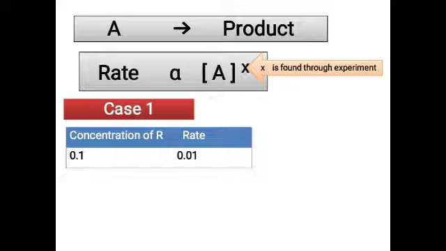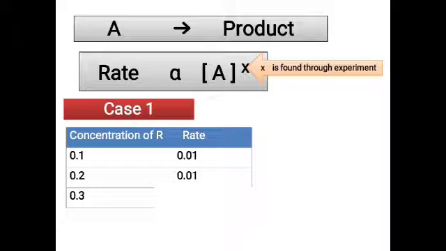Then you need to increase the concentration. So we are going to double the concentration of the reactant, so it is 0.2. With this doubled concentration, we need to see what happens to the rate.